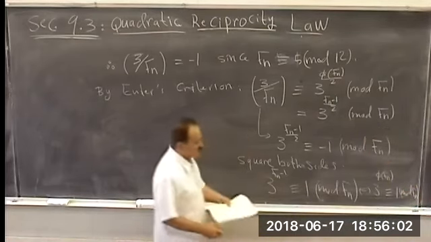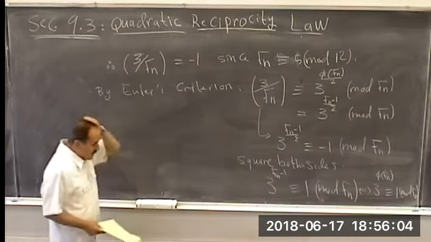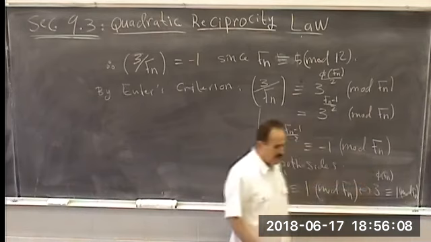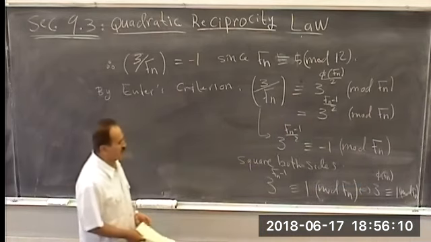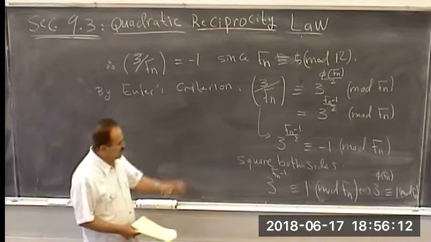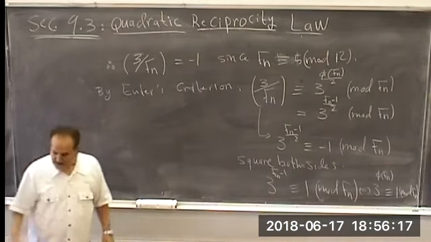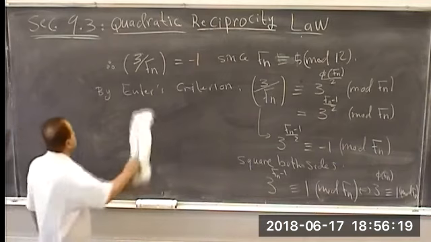So yes, it looks like the order of 3 is going to be getting close to equal to the Euler phi function. Now I want to show that there is no smaller exponent than phi of Fn that gives us 1. And to do this, we also need a little argument.